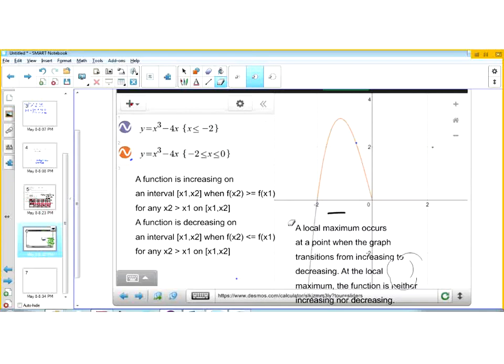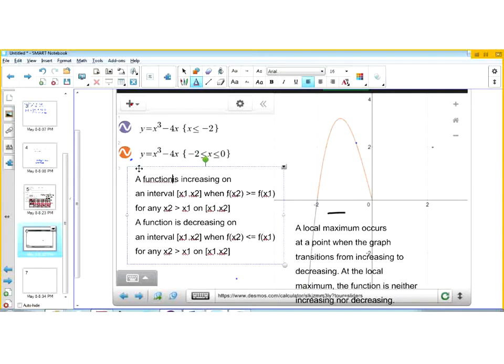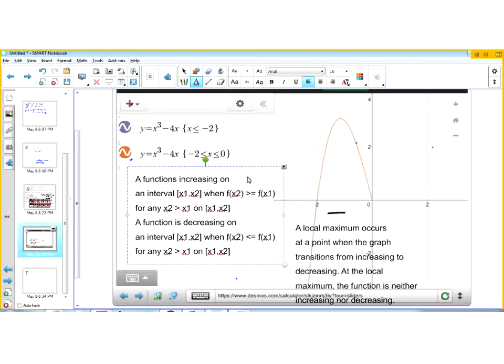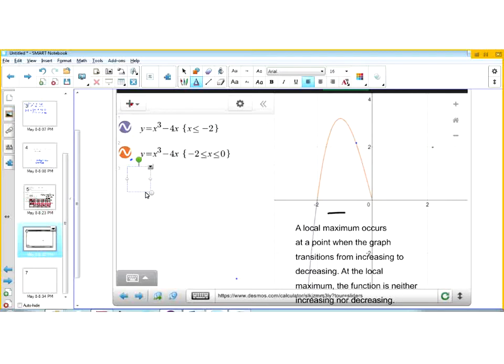So let me erase all of this development. Now, if you refer back to your table of signs, we said that between 0 and 2, the graph of the function should be below the x-axis. Okay, so let me erase all of the typing here so I won't clutter the screen.